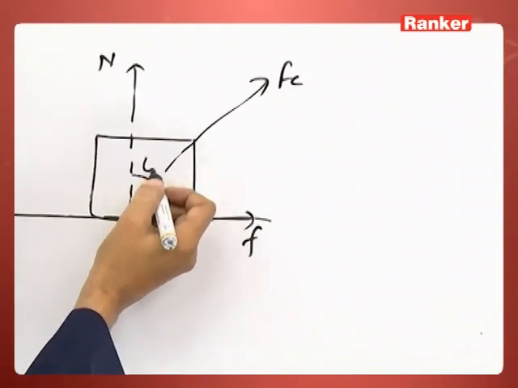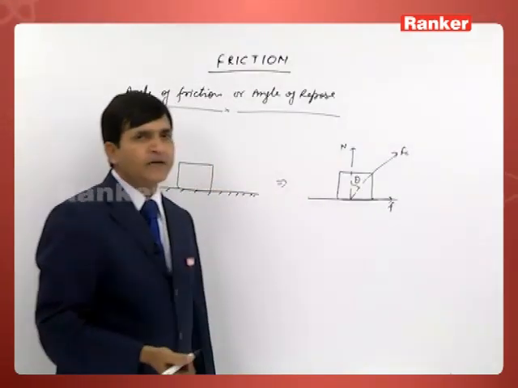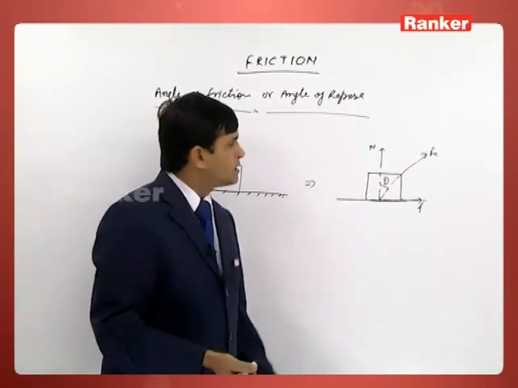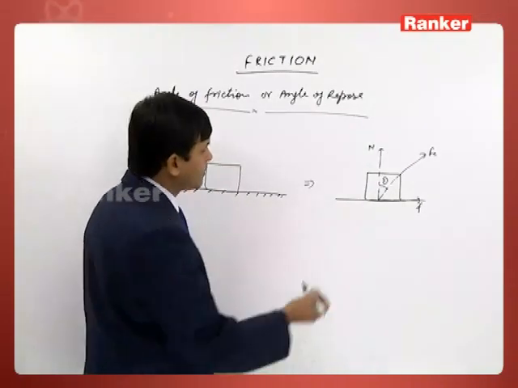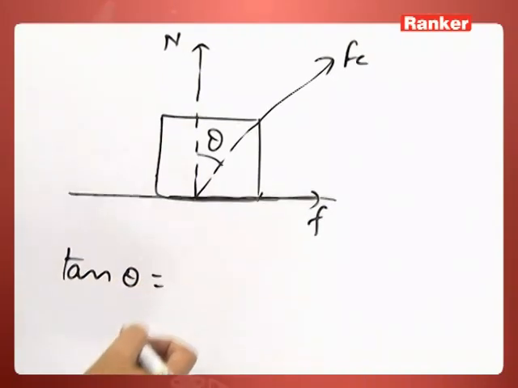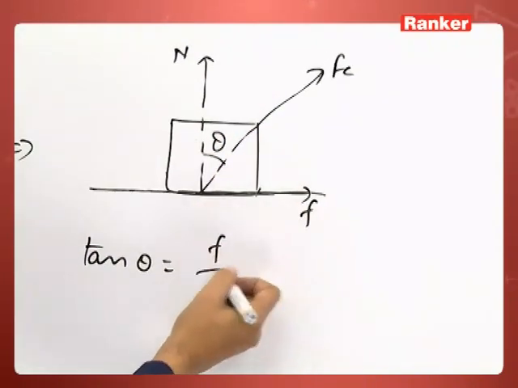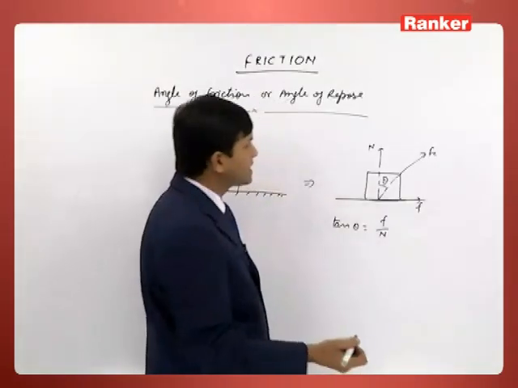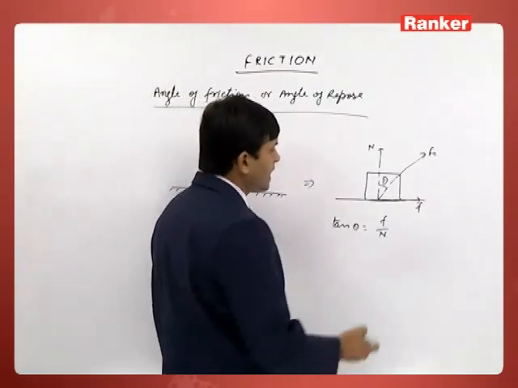Let theta be the angle made by the normal force with the contact force. So from here, tan theta is equal to F by N.